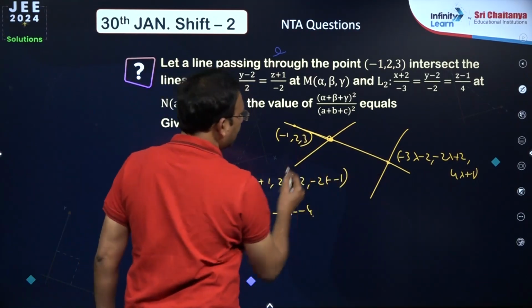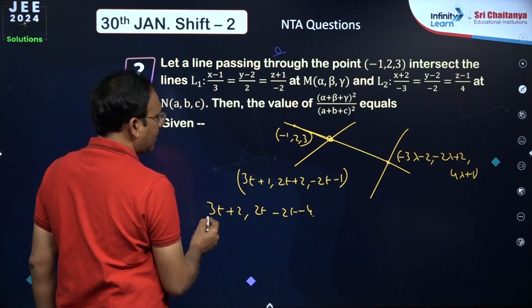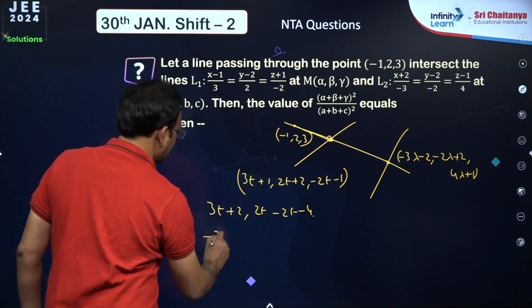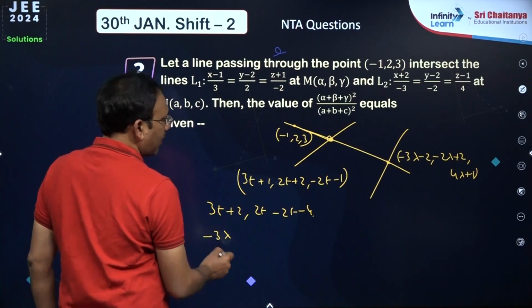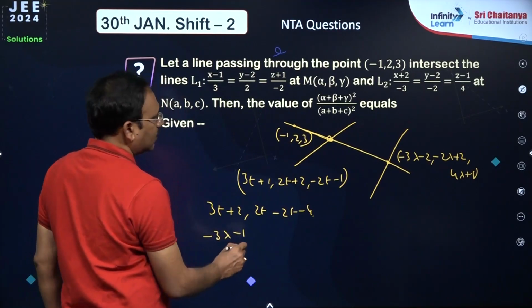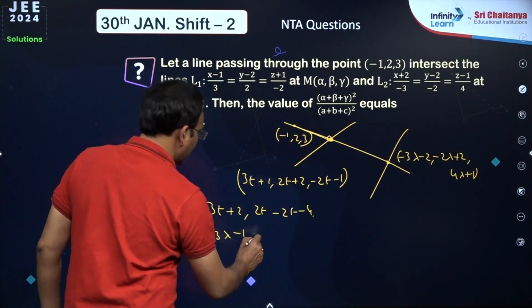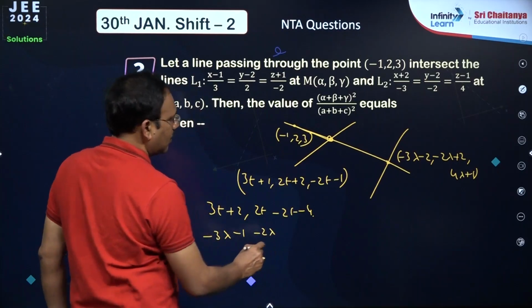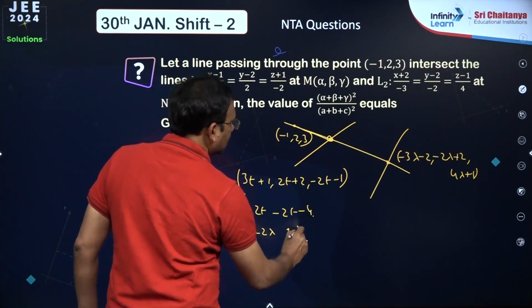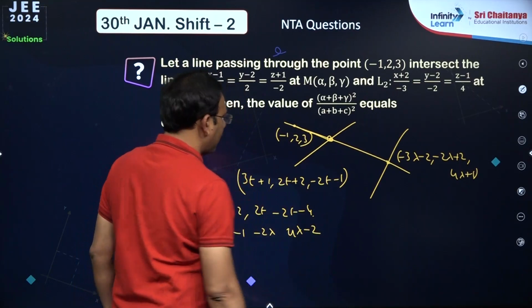Similarly here also you take the DRs: minus 3 lambda minus 2 plus 1 will become minus 3 lambda minus 1, then minus 2 lambda plus 2 minus 2 will become minus 2 lambda, and 4 lambda plus 1 minus 3 will become 4 lambda minus 2.